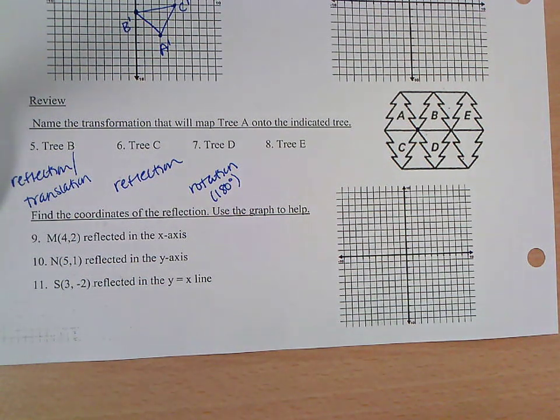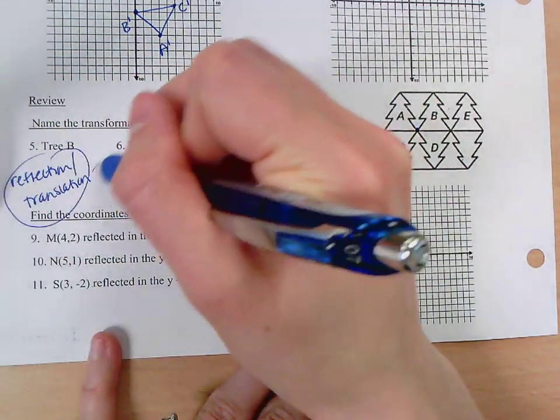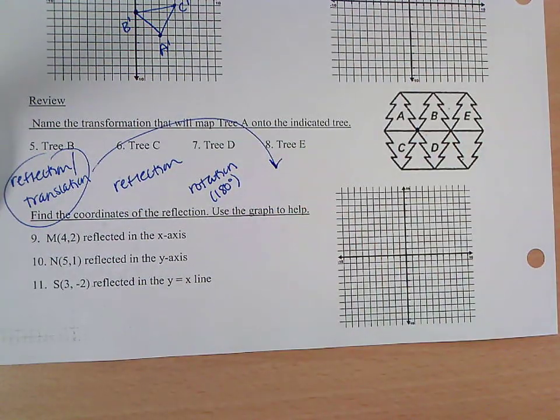Could be a translation. What else could you say it could be? What if I had a line drawn right here? It could be a reflection over that line. So just like for number 5, I would accept reflection or translation for E. For number 8, to tree E.